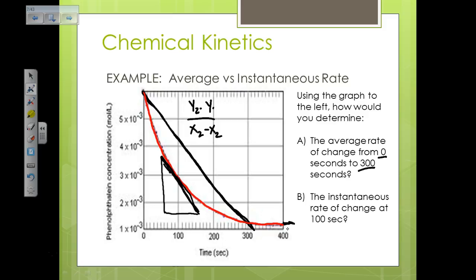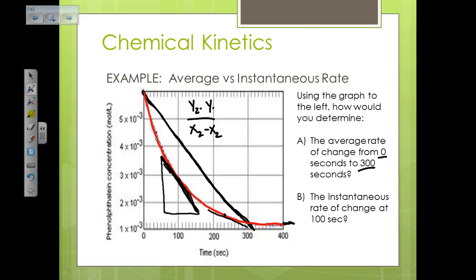The other thing that comes from doing it this way is that the instantaneous rate of the reaction here is one thing, but if we look down here, this instantaneous rate of reaction has changed and it is now less.